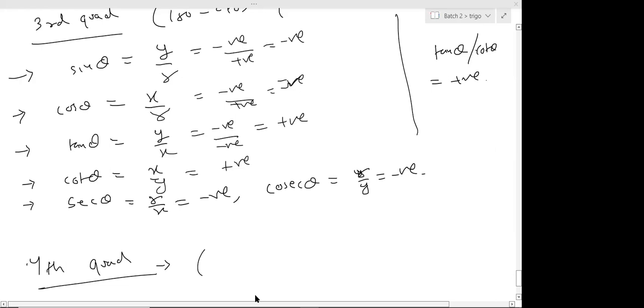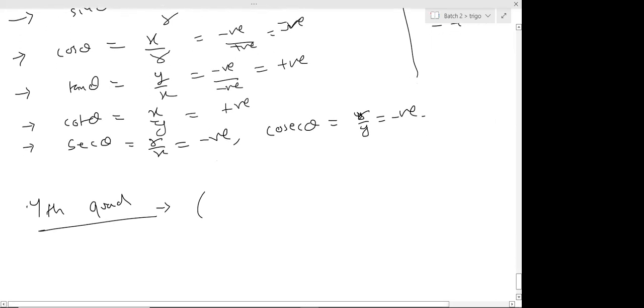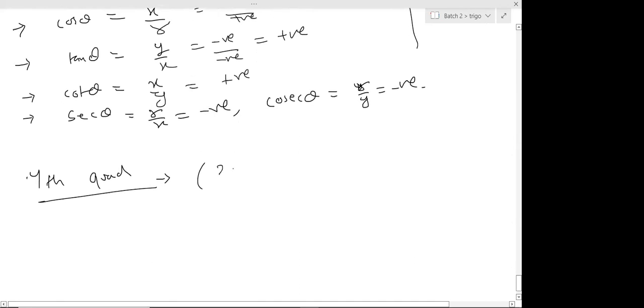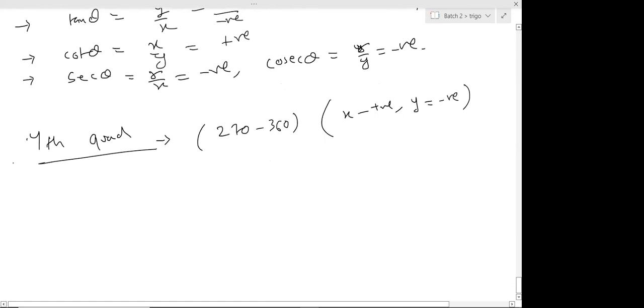All right. In the fourth quadrant, from angle 270 to 360, x is positive and y is negative. So in here, sine theta is y upon r.